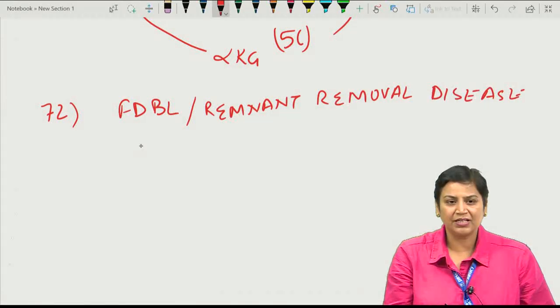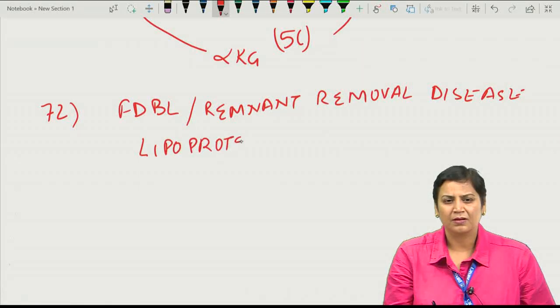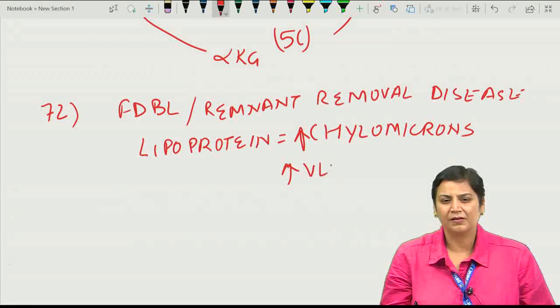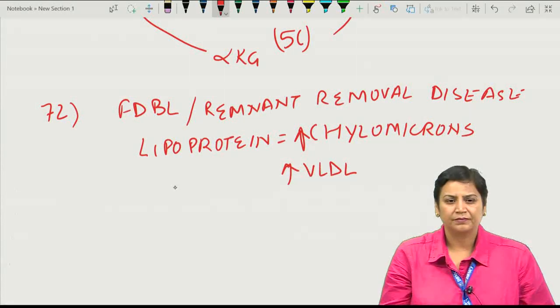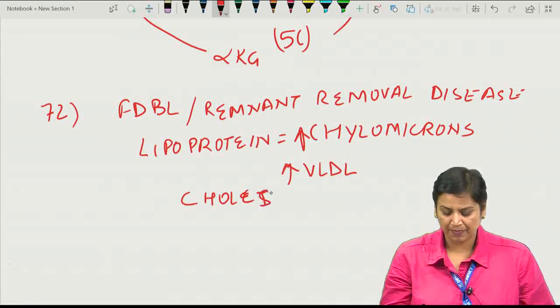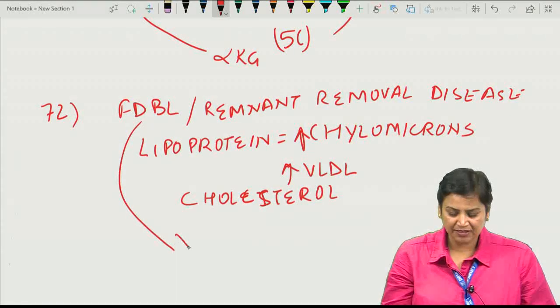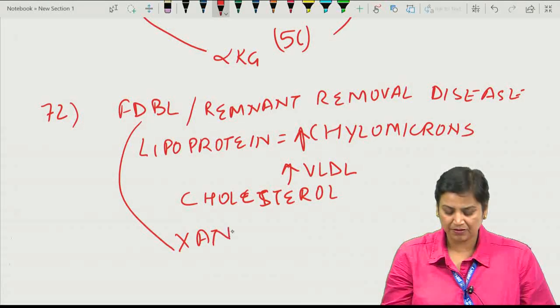The lipoproteins which are increasing in this disease are chylomicrons and VLDL. And obviously cholesterol will also increase. The fat which will increase is cholesterol. The characteristic feature is that it forms xanthomas.